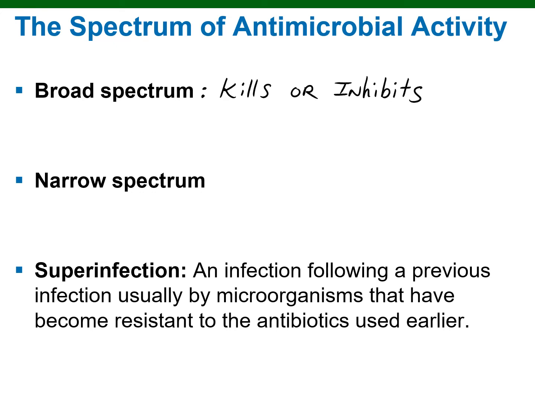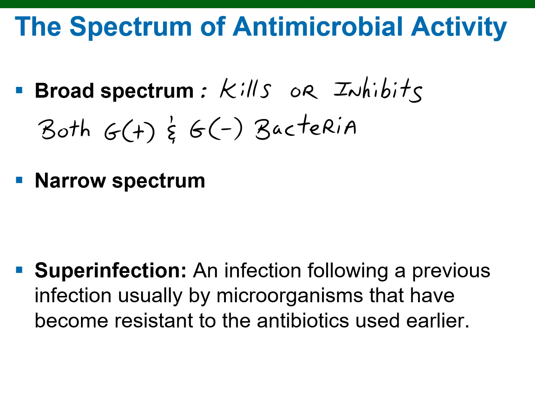And a common way of defining that would be an antibiotic that could kill or treat both gram-positive and gram-negative bacteria. And this class of antibiotics is extremely useful for unknown bacterial infections or bacterial infections that may be tough to treat, and so a broad-spectrum drug may be appropriate.